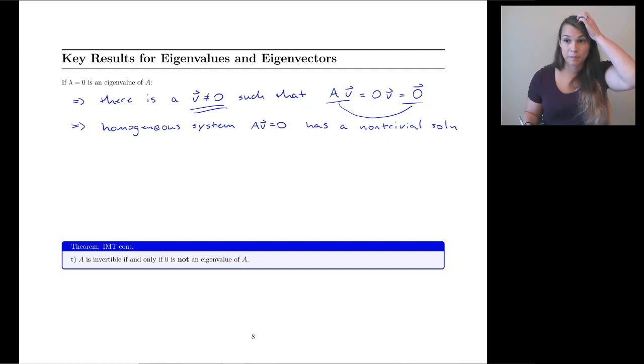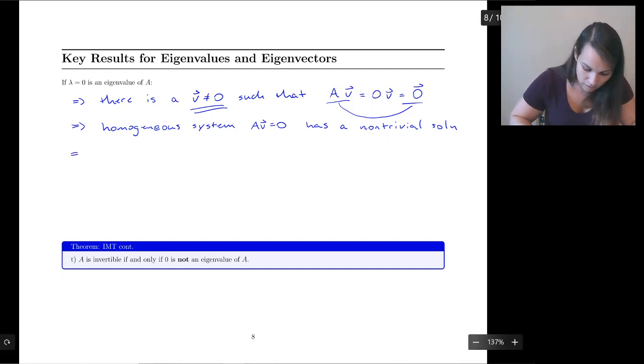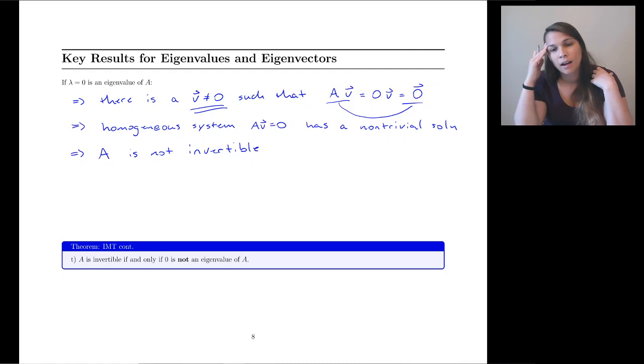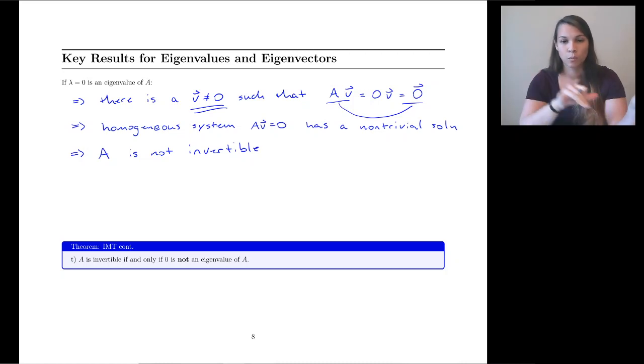And then we know things about that because we have IMT. That means A is not invertible, because we proved everything in IMT was equivalent. If we have non-trivial solutions to our homogeneous system, we get A is not invertible.